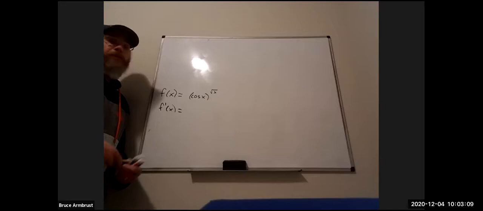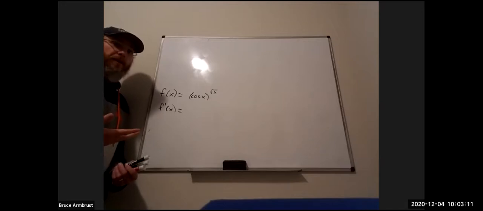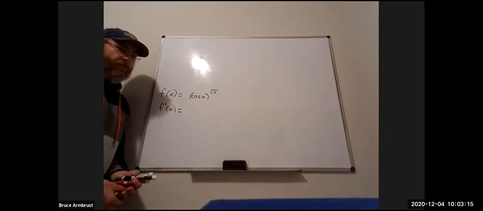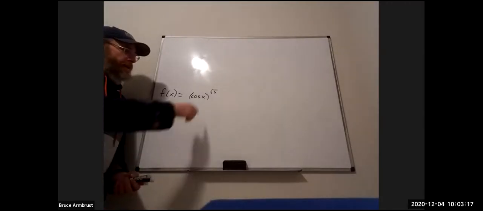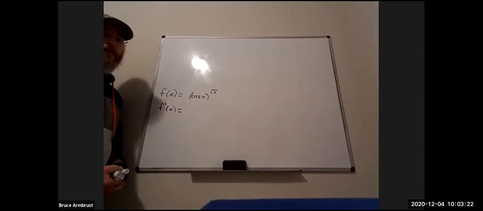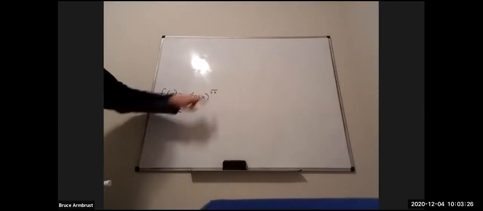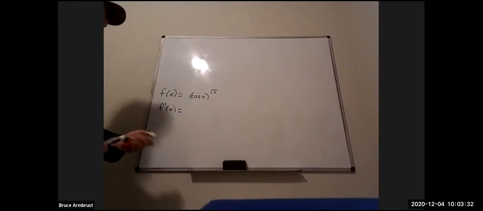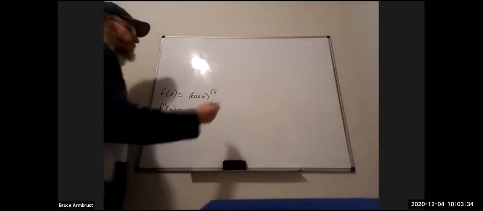All right, so we think about our different rules. This isn't chain rule. This isn't product rule. It's not quotient rule. There's a power, but this isn't a power rule problem, because this is a variable exponent, and it's not an exponential thing because it's got a variable base. So in this case, we do need log differentiation.